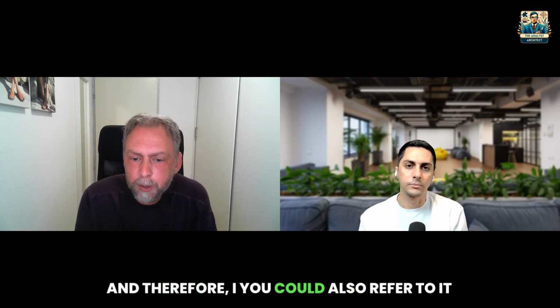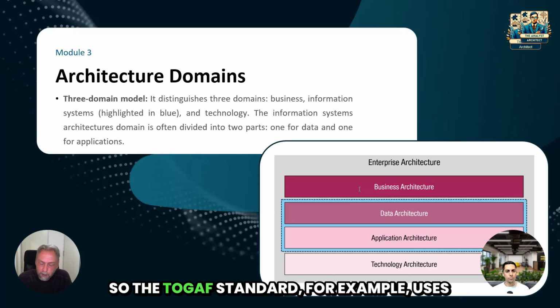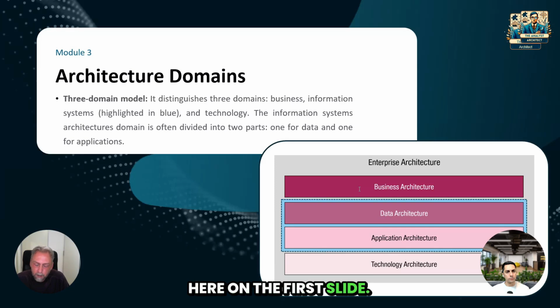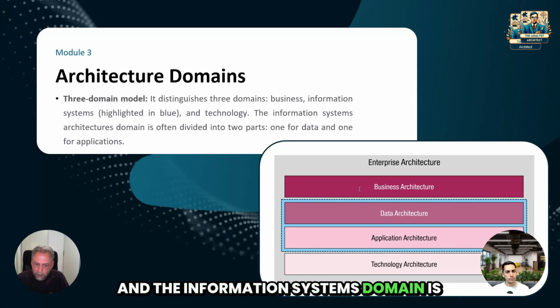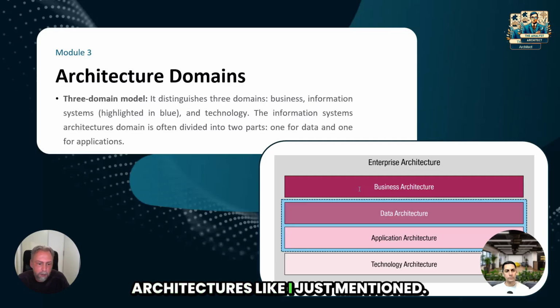And therefore, I think you could also refer to it as a 4-domain model consisting of business, data, application, and technology. So the TOGAF standard, for example, uses this 3-domain model, which we can see here on the first slide. And the information systems domain is divided into the data and application architectures, like I just mentioned.